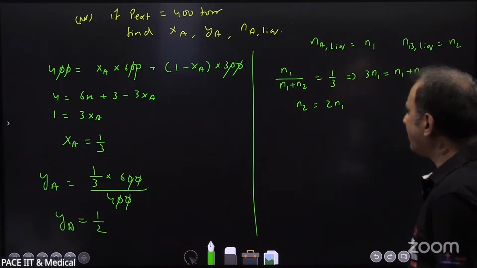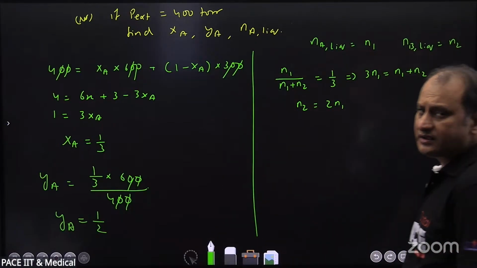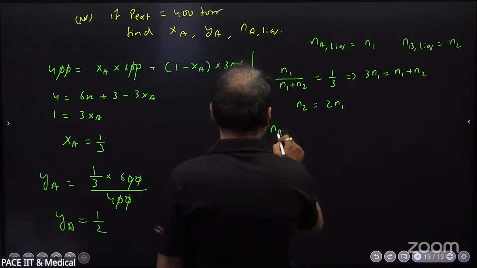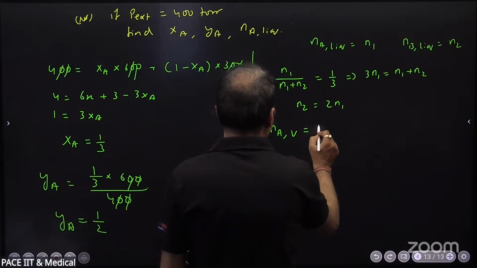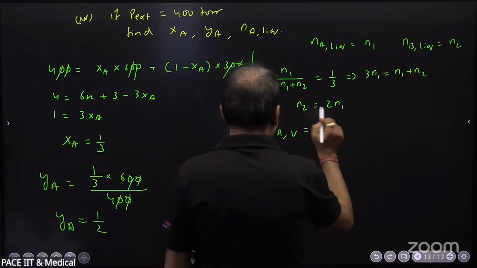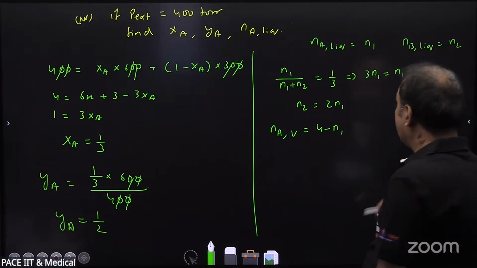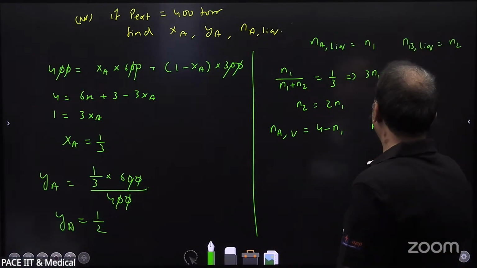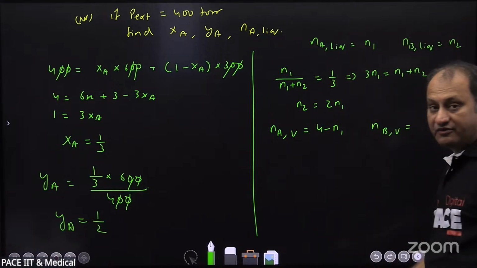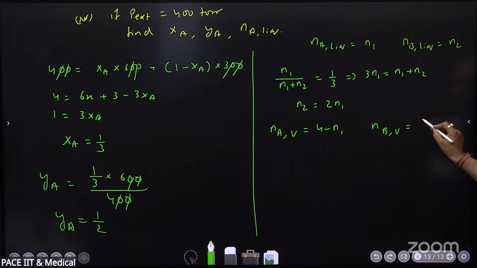Now if moles of A in liquid are N1, total moles of A were 4. So moles of A in vapor form will be 4 minus N1. Agreed? And moles of B in vapor form, total moles of B were 6, will be 6 minus N2.